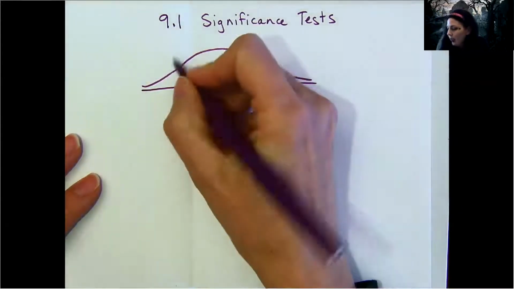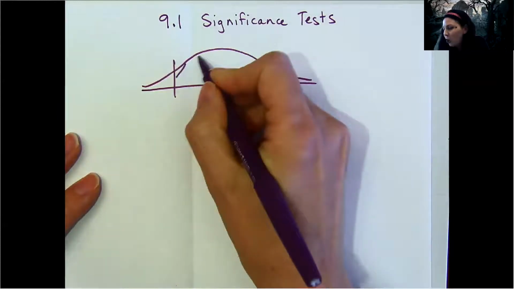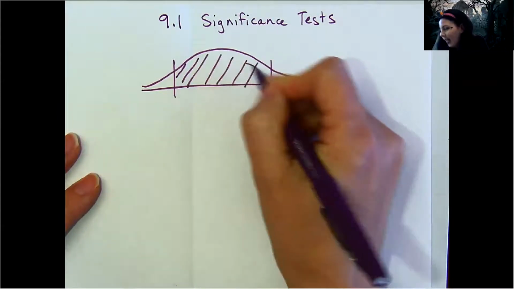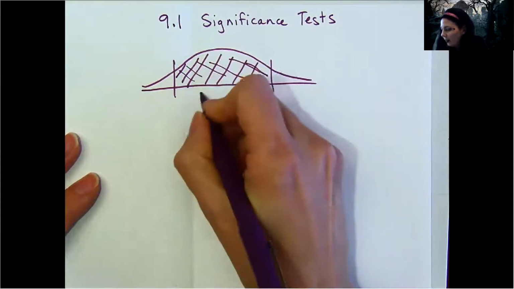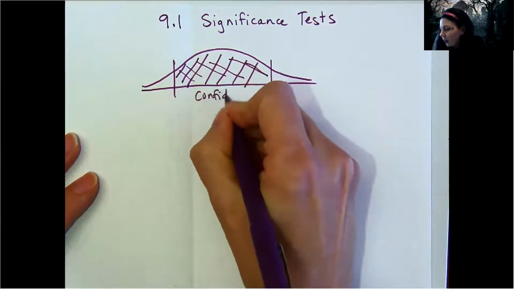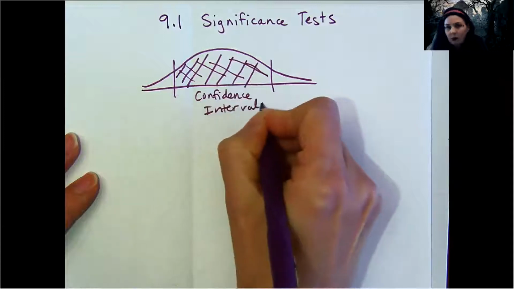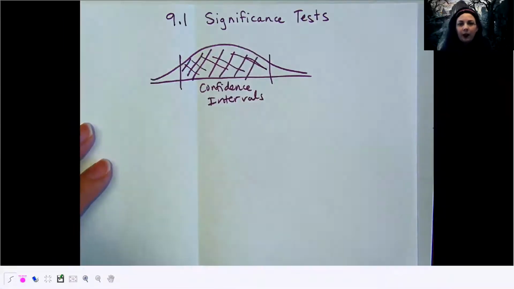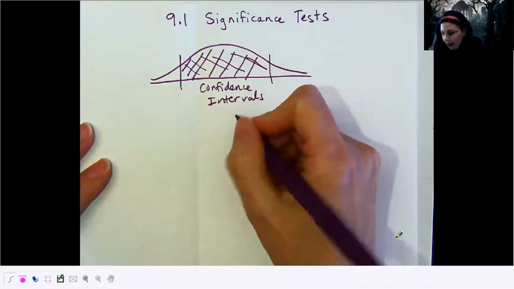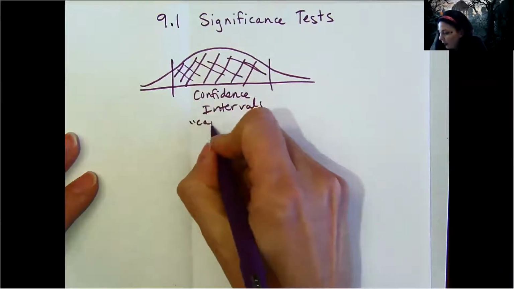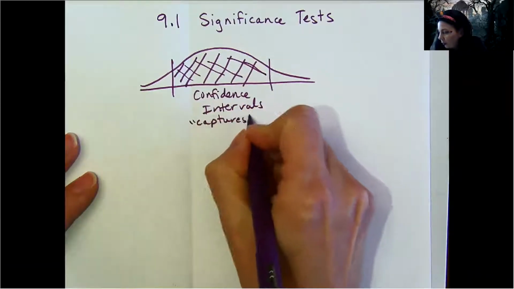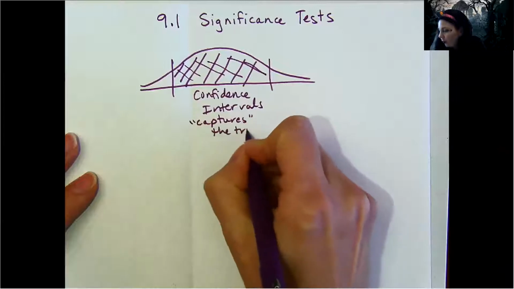All right, so again, we were trying to capture the truth by casting out our nets with these confidence intervals. Right, and these were captures of the truth.